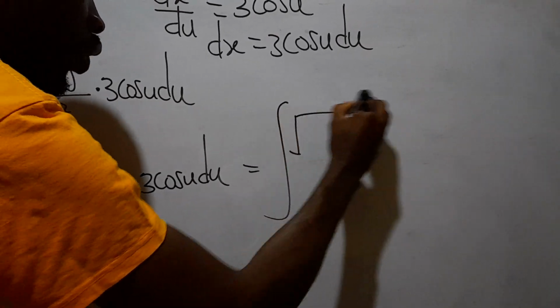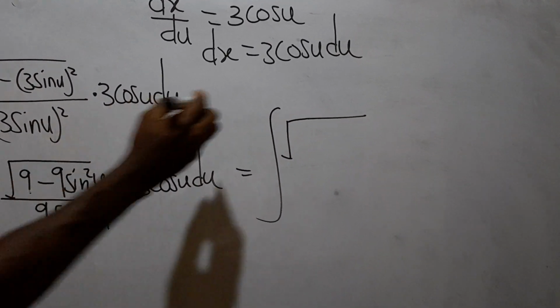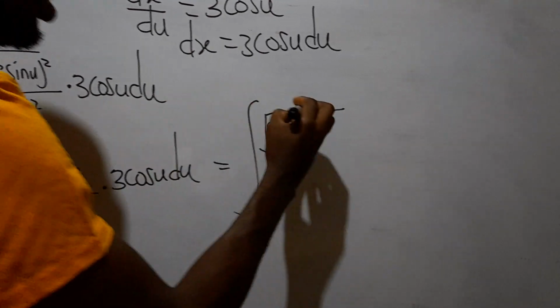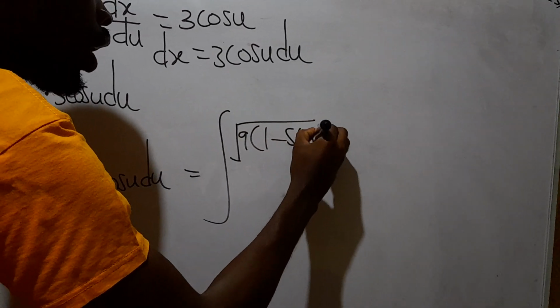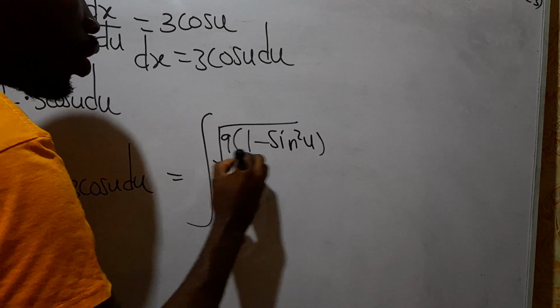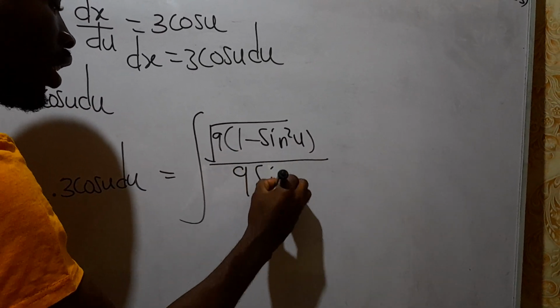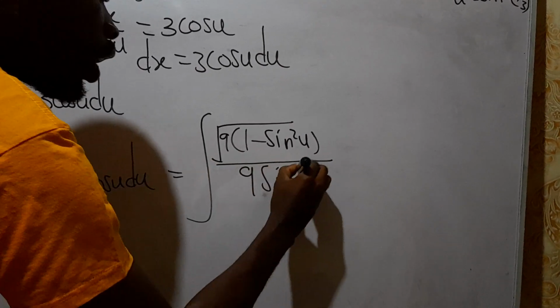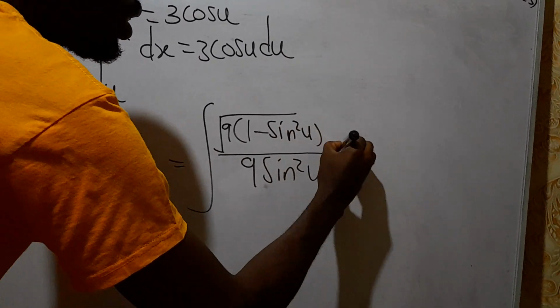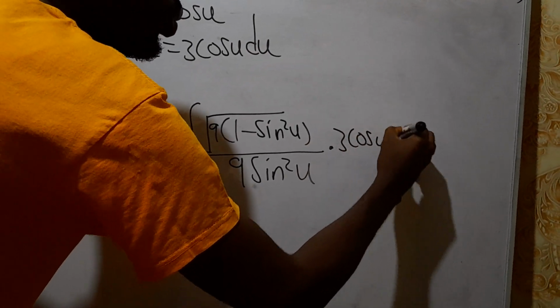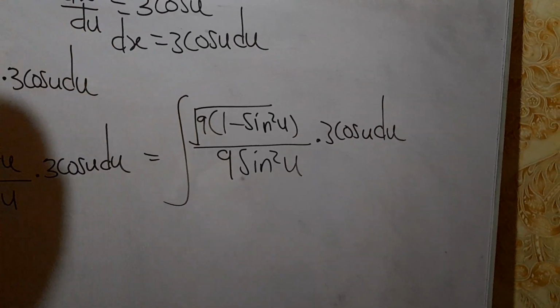So I have the square root of 9 out, 1 minus sine squared u, over 9 sine squared u times 3 cos u du.